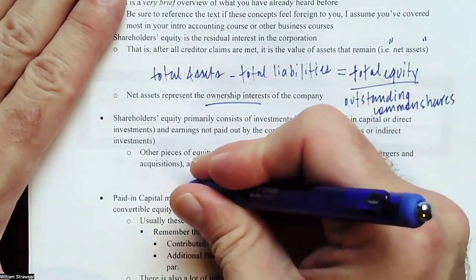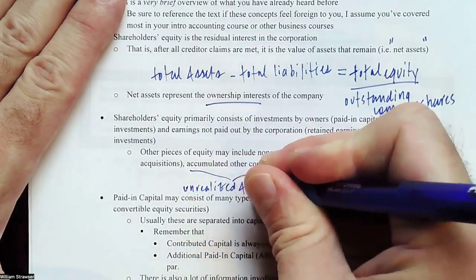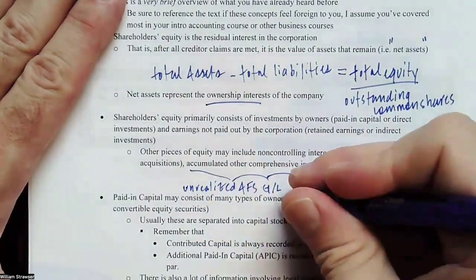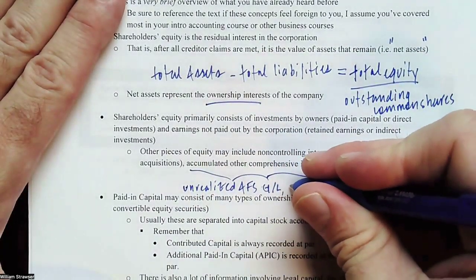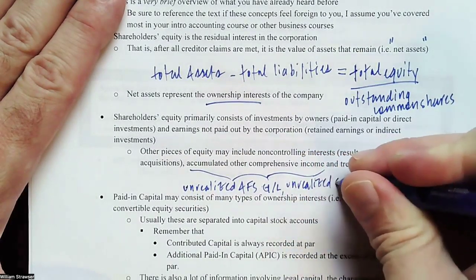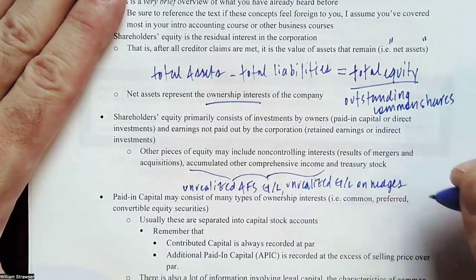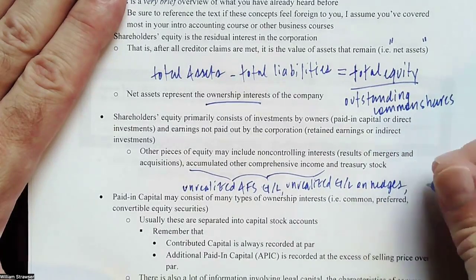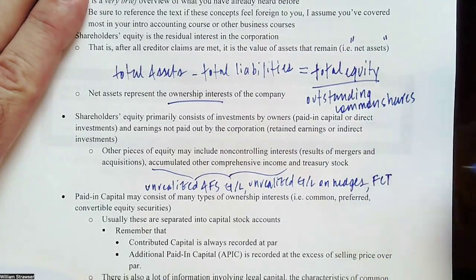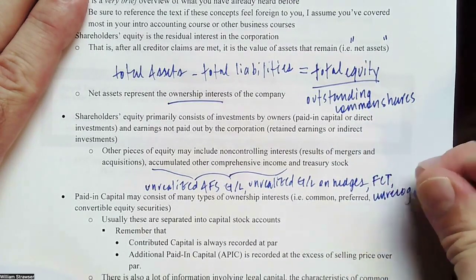But do recall that unrealized AFS gains and losses go into other comprehensive income. And this is true too for any unrealized gain or loss on hedges, foreign currency translations, FCT, and some unrecognized pension costs.